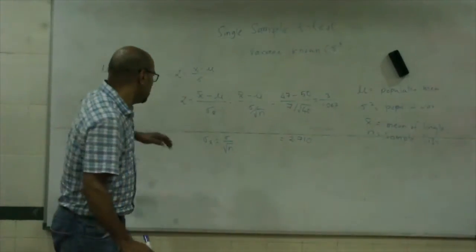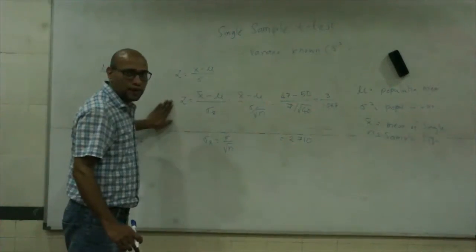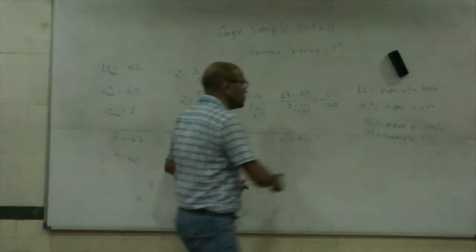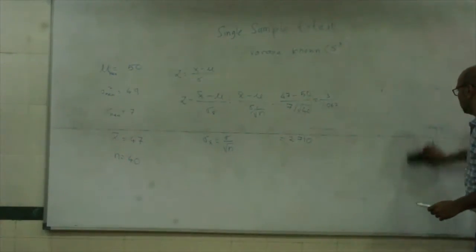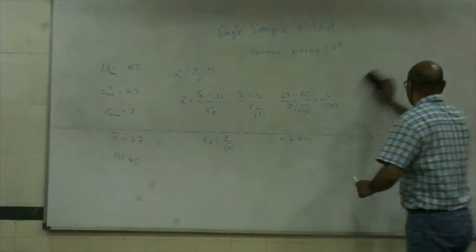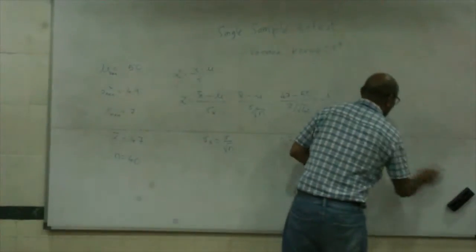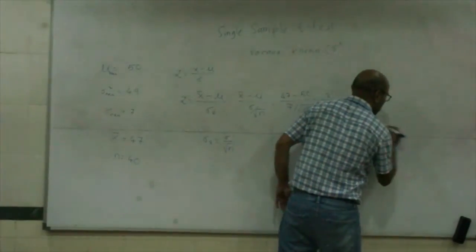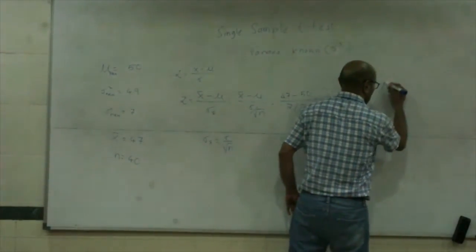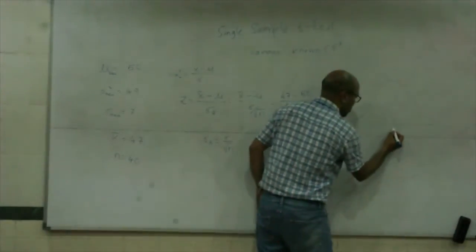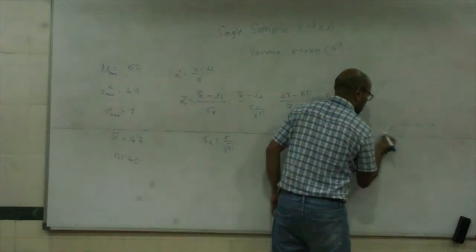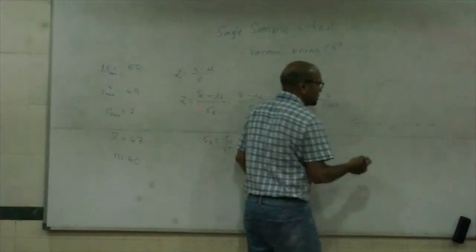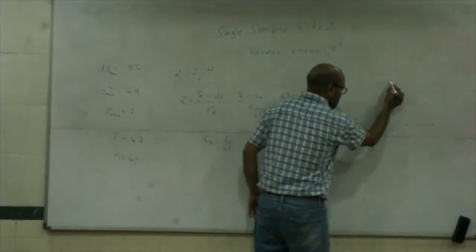Now, this is Z. So this follows standard normal distribution. I know that standard normal distribution has a mean 0 and variance of 1. This may not look like a standard normal distribution, but that's fine.